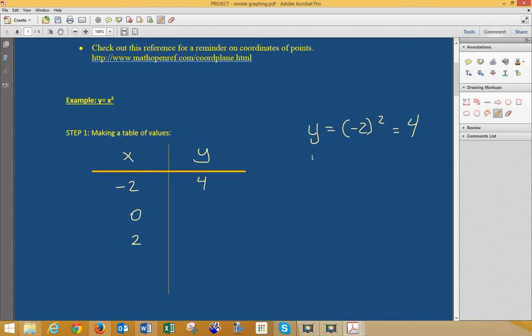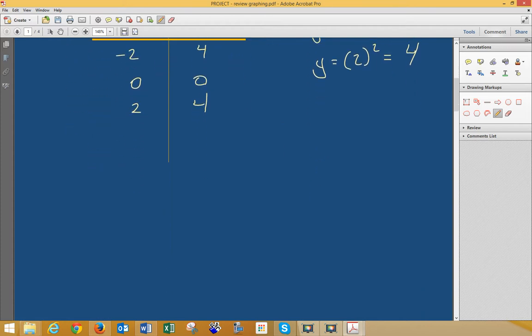Using the same equation, when x is 0, y is 0. When x is +2, y is 4. Okay, so I've got 3 points, so I should be able to at least make a rough graph now. So I'm going to go on to where the graph paper is.